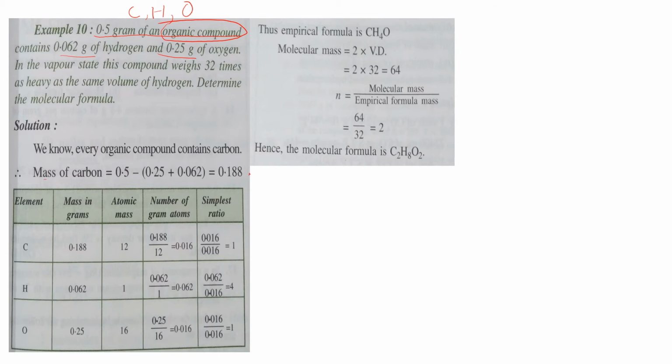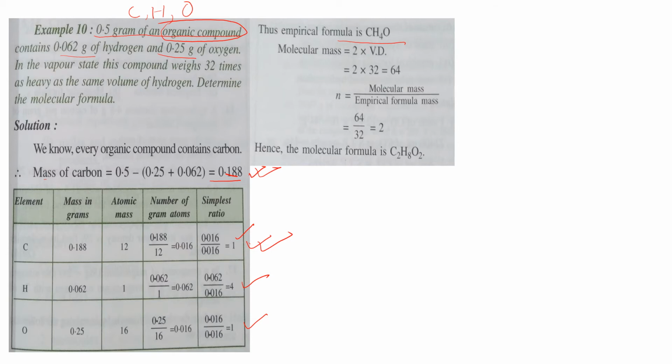So the mass of carbon is 0.5 minus (0.25 plus 0.062). So I am getting 0.188. Now make the table as usual, and from the table you are getting carbon is 1, hydrogen is 4 and oxygen is 1. So my empirical formula is coming CH4O.